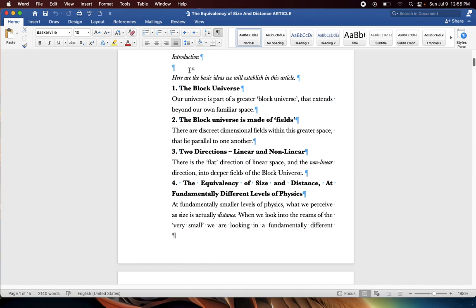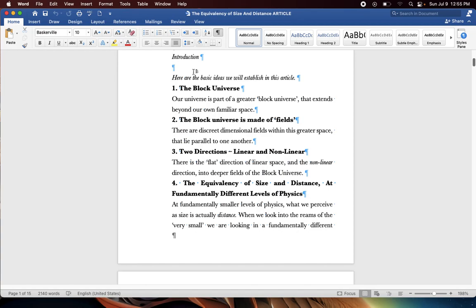So the first point is that we have to see the universe, not just our universe, this will be clearer as we move forward, but the universe as what I call a block universe.